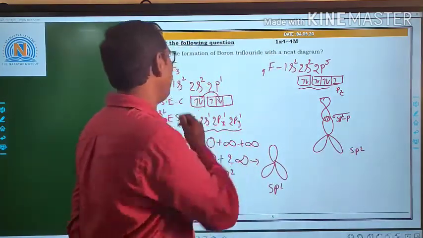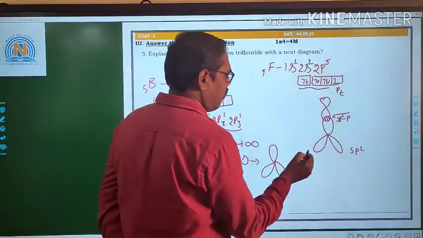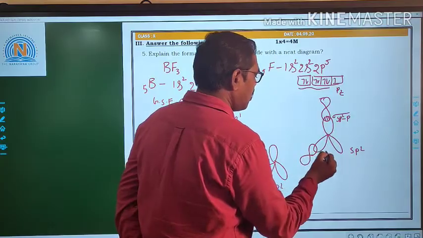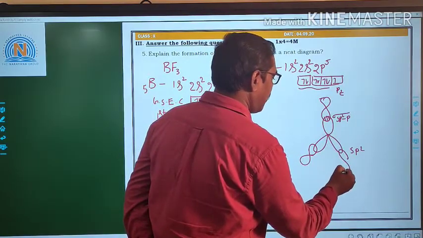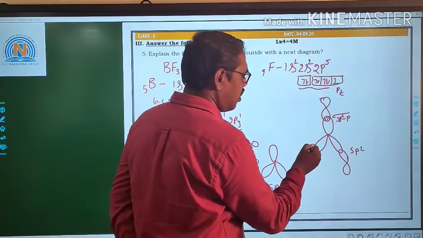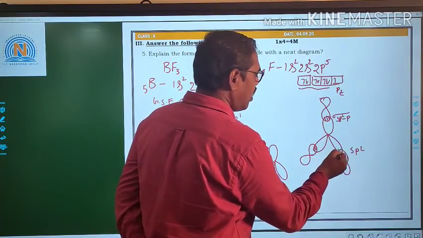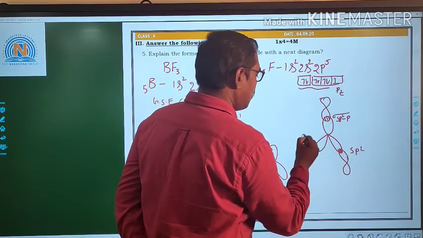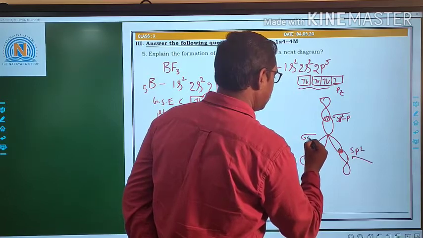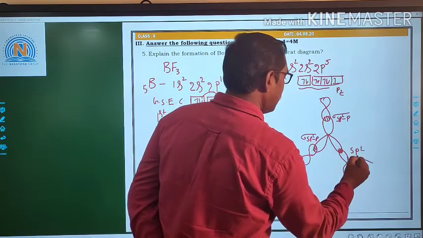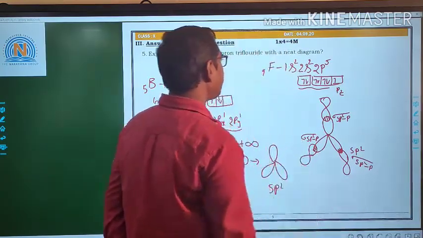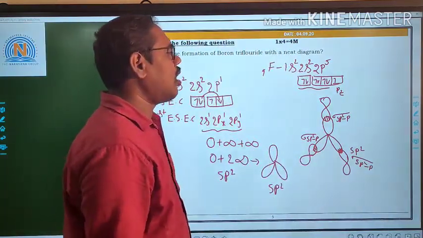Similarly here 3 fluorines are there. One more fluorine is also overlapping with the sp2 hybrid orbitals by end-on overlapping. So here a sigma bond is formed. Here also a sigma bond is formed, sigma sp2-p. So this is the structure of boron trifluoride.